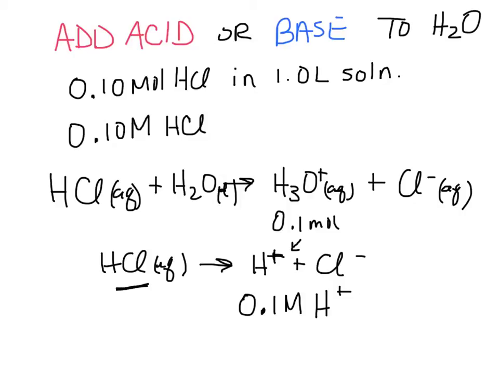Don't forget, we still have the ionization constant of water. So that's still going to self-ionize. So we need to consider the concentration of the hydrogen ion produced by the self-ionization of water. So if it was pure water, our concentration of hydrogen ion is 10 to the negative 7th molar.